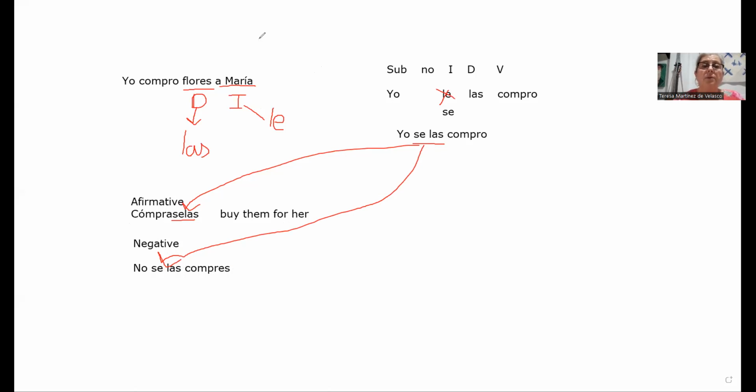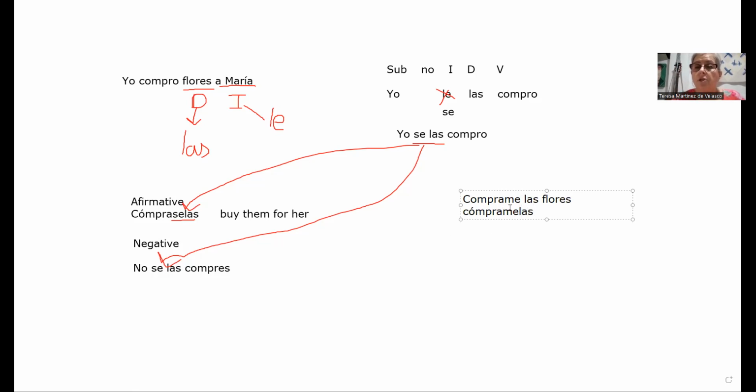So how are we going to say buy the flowers for me? Cómprame las flores. Or also, cómpramelas.